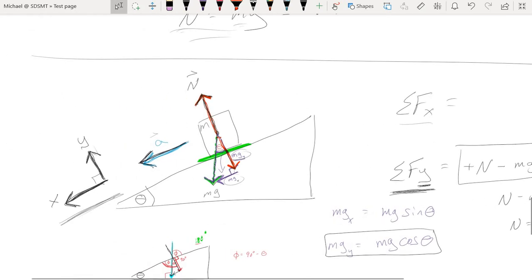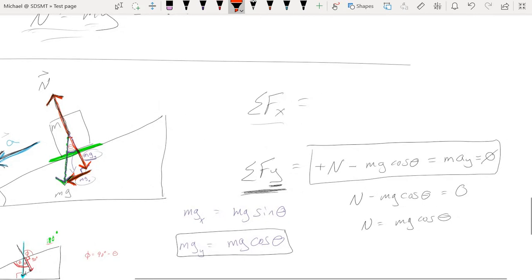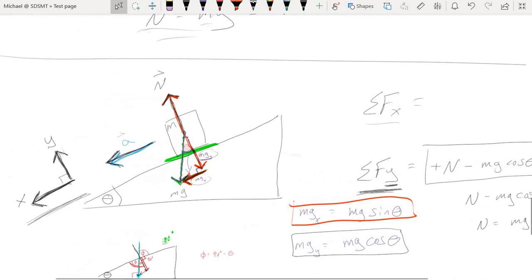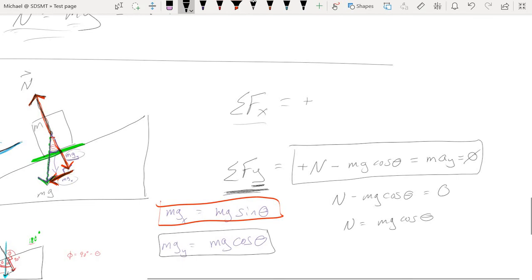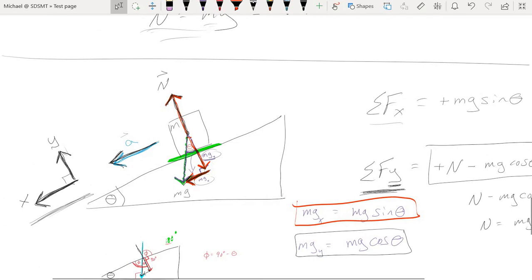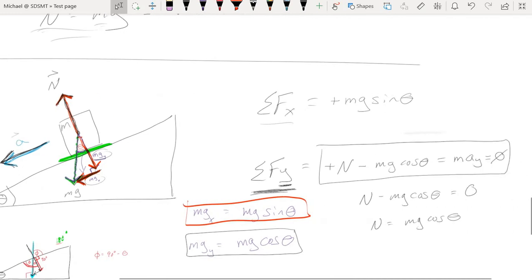The x direction, that's the direction that's actually going downhill, and there's only one force that acts in the downhill direction, and it is that component in the x direction for the weight. So we've got this component of the weight that is pointing downhill in the positive x direction. So this will be a positive mg sine theta. And that's all I have for forces in the x direction.